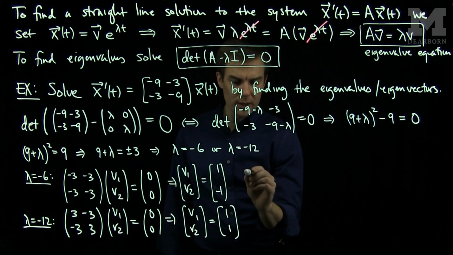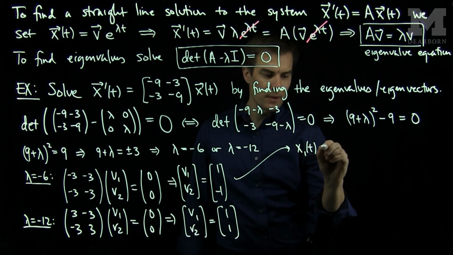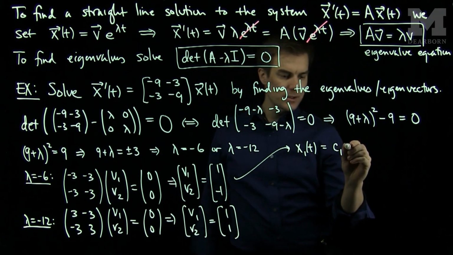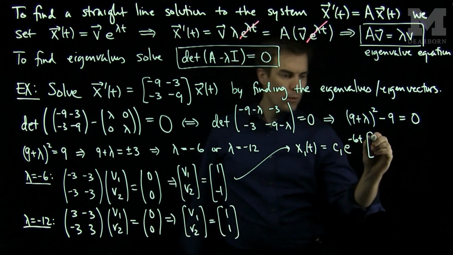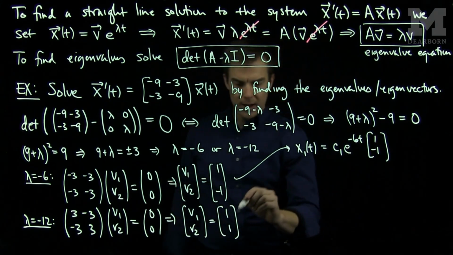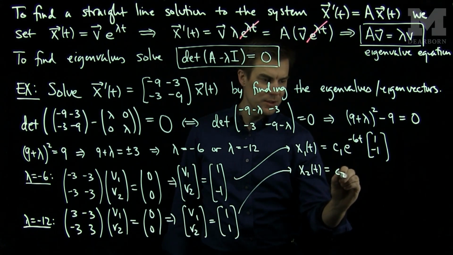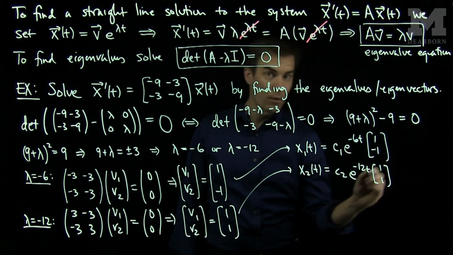So the first straight line solution tells me that x1 of t is c1 times e to the negative 6t in the direction of 1, negative 1. And I'll have a second straight line solution, x2 of t is c2 e to the negative 12t in the direction of 1, 1.